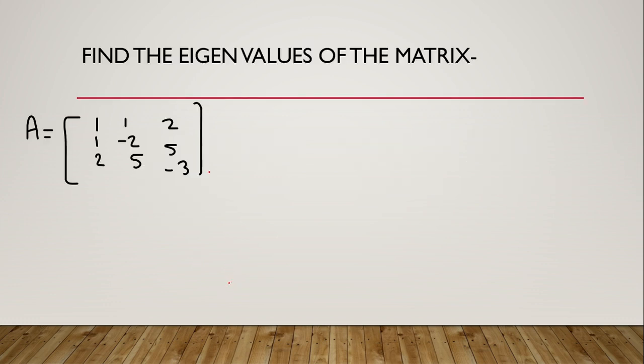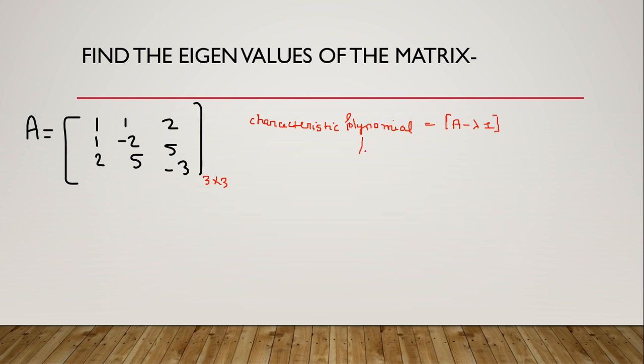So, let's take up this example, a matrix of order 3 by 3, and obviously you are supposed to find the eigenvalues of the matrix, okay? So, usually what we do, we firstly create a characteristic polynomial, right? It can be found using A minus lambda I, and this is the matrix.